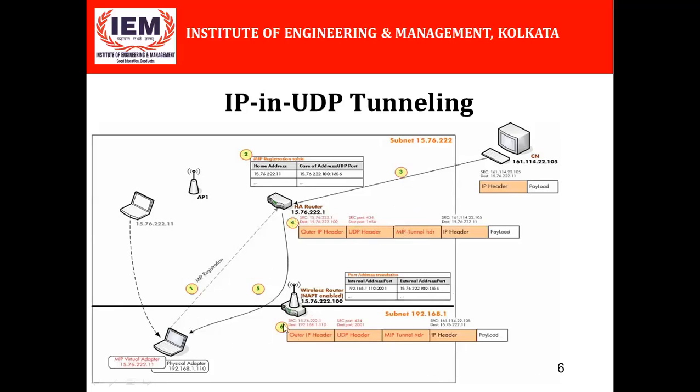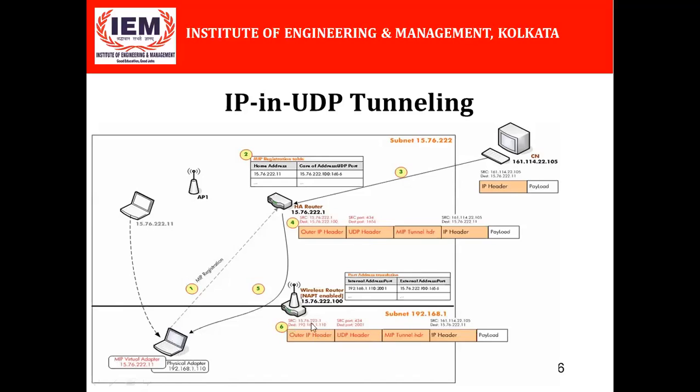Now when it adds these bytes to the packet, the source port is the same 434, but the destination port is changed from 1656 to 2001. Who is the 2001 port address holder? This is the current port under the physical adapter of this mobile node.